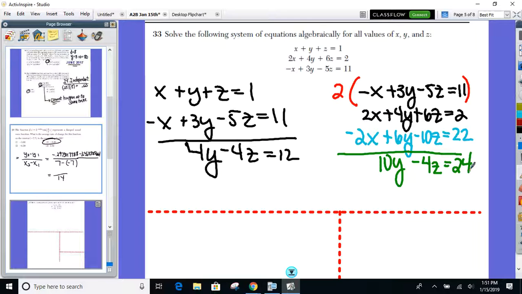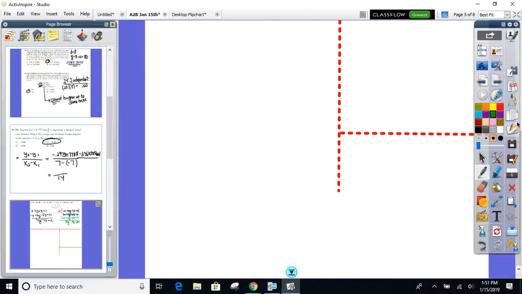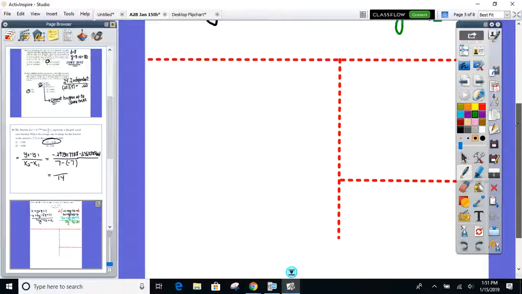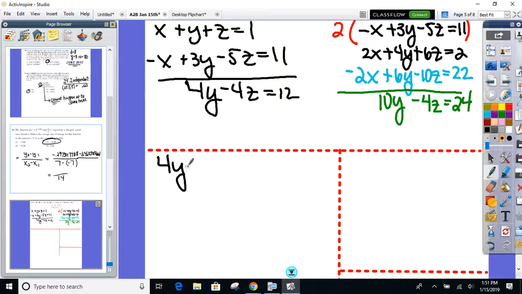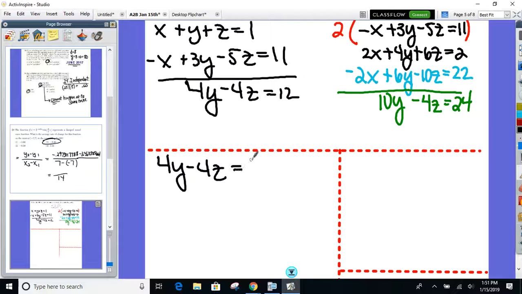All right. Those two now we put together and figure out another variable to eliminate. I know people are going for the z's, which I respect, but they don't eliminate each other right away. I'll multiply the second one we did by -1. So I get negative 10y plus 4z equals negative 24.